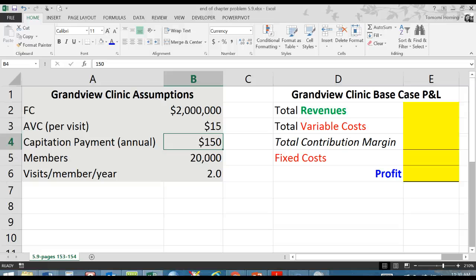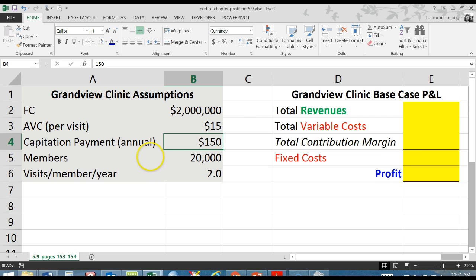You could have patient 1 come in 0 times, and Grandview Clinic is still going to get paid $150 for the year. Patient number 2 comes in 1 time in that whole year, and Grandview Clinic is going to get paid $150. Patient 3 may come in 50 times in a year, and Grandview Clinic is still only going to get paid $150 for that patient. That's how capitation payment works.